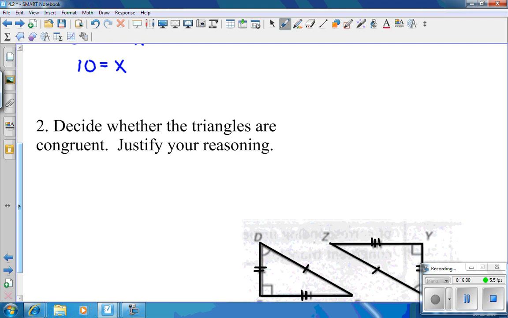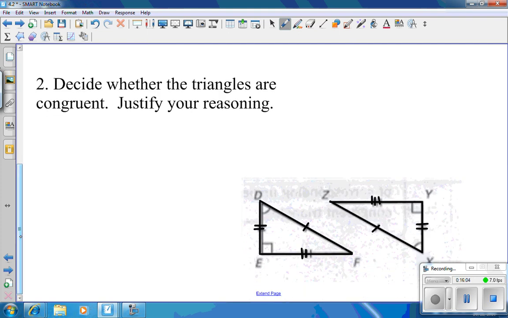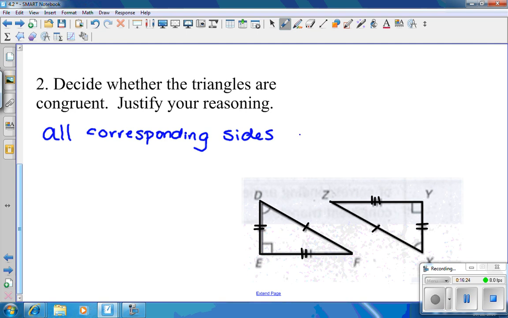Part 2. Decide whether triangles are congruent and justify your answer. So would these triangles be congruent? Why? Okay, all the corresponding sides are congruent. So she said that. All corresponding sides, that is true.